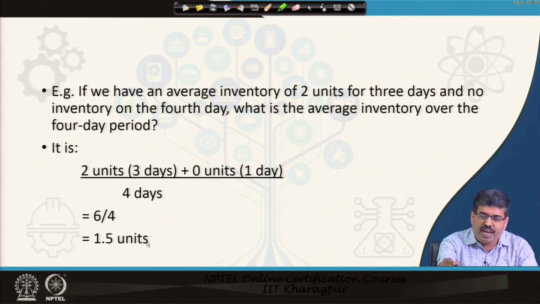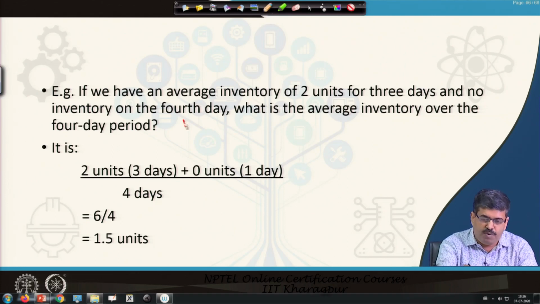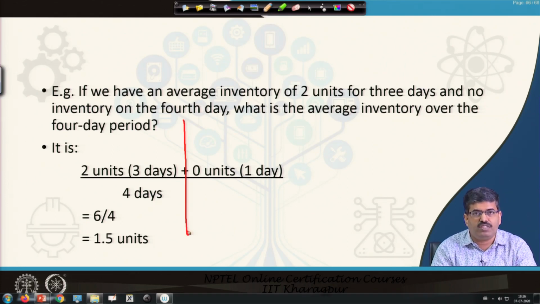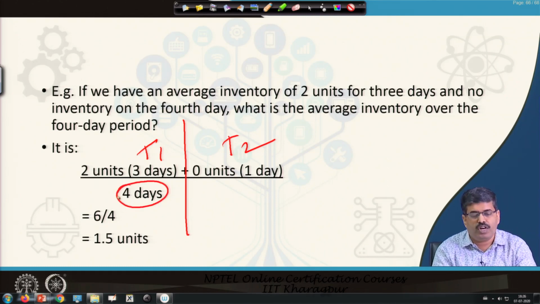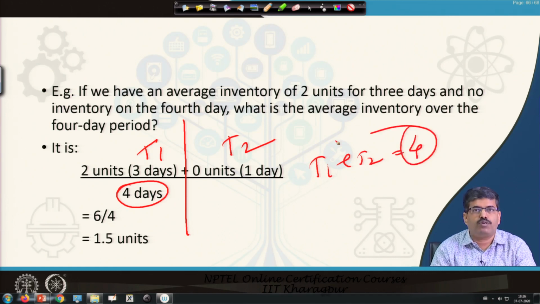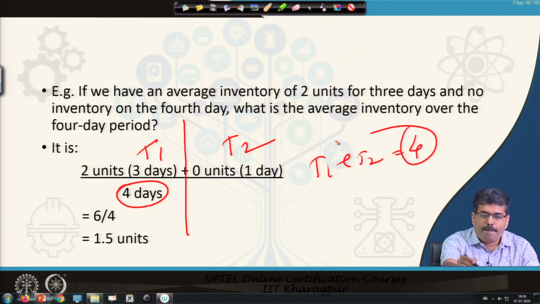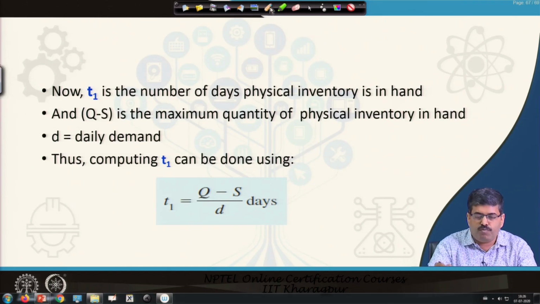So, average inventory, as we mentioned, is broken up into days when inventory is in stock, this is my T1, and days when inventory is not in stock but orders are there. And total number of days is 4. T1 plus T2 is equal to 4, right. This is my formula here.